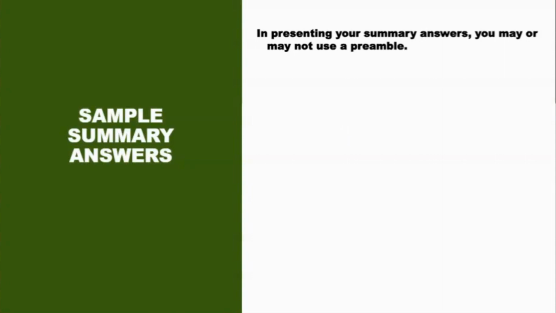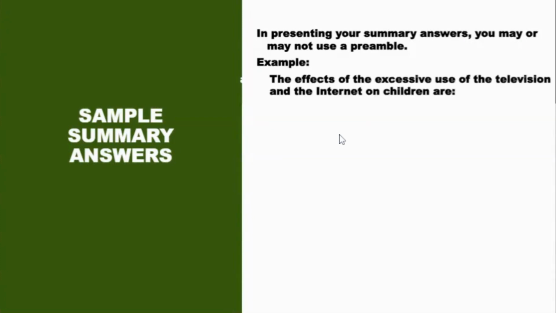In presenting your summary answers, you may or may not use a preamble. Okay, what is a preamble? A preamble is an opening statement indicating what is to follow. Let's look at the example. The effects of the excessive use of the television and the internet on children are, this is a preamble, and you take this from the question.